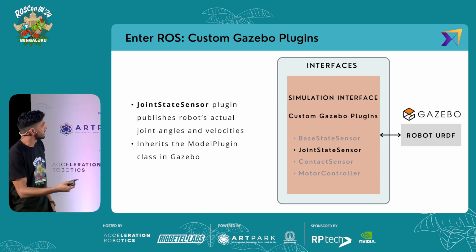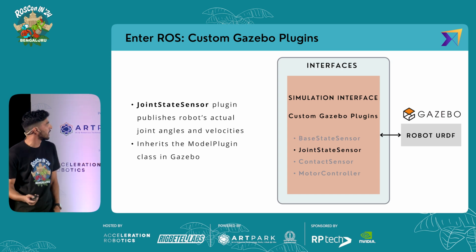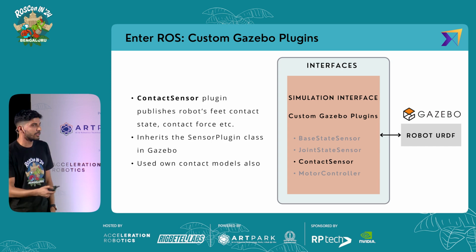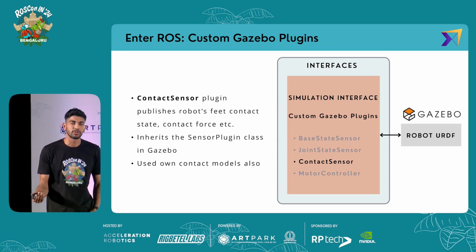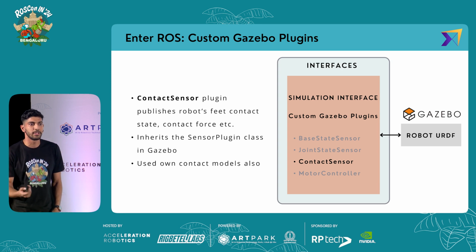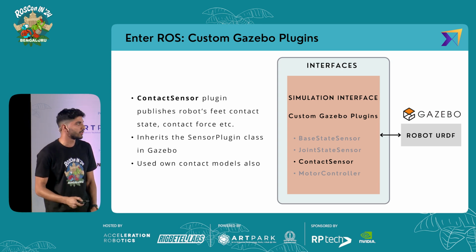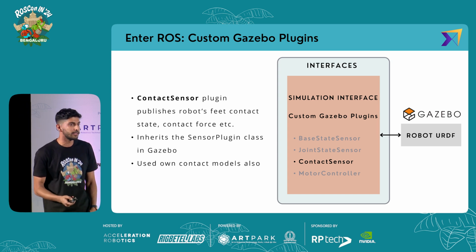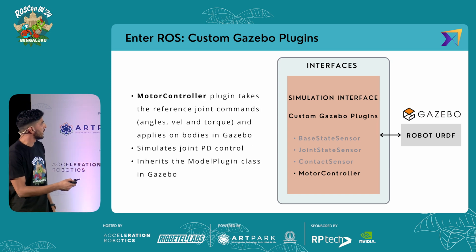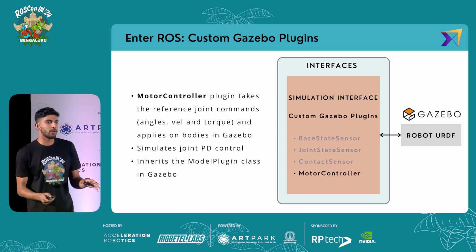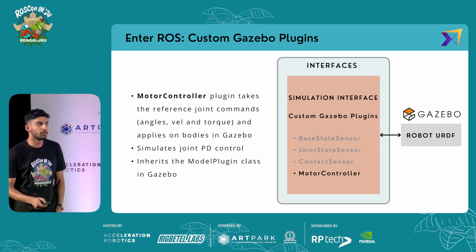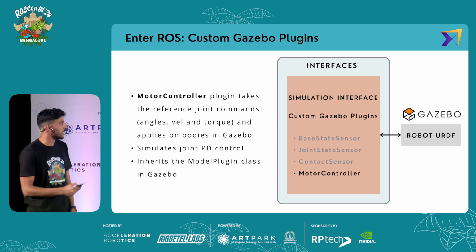The joint state sensor publishes the robot's actual joint angles and velocities. The contact sensor publishes the contact force on the foot and the contact state of each leg, which is crucial for the locomotion software. Here we have also implemented our own contact models. And finally, the motor controller is the block which simulates the final low-level control loop, the PD control loop, of the actuators.